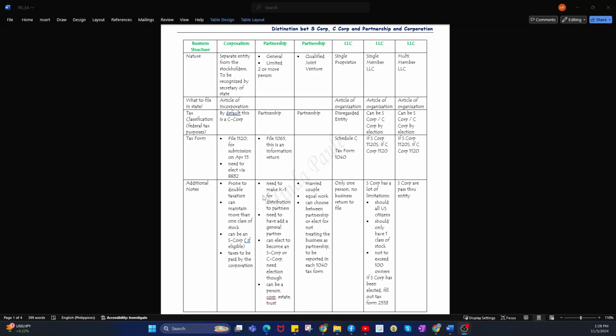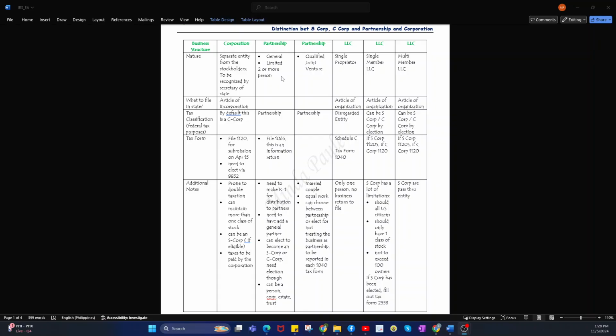For partnership, of course, they can also elect whether they would like to be an S Corp or a C Corp instead of a partnership. In terms of election, if it's an S Corp, they have to fill out 2553. For a C Corp, they have to fill out 1120. All right? So that's for partnership.